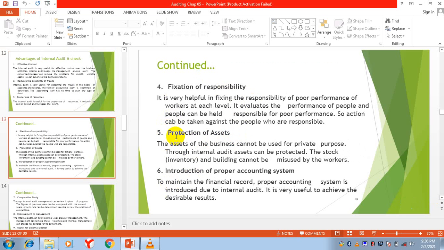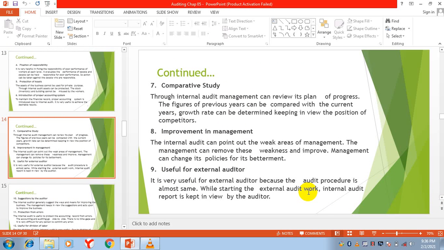If there is internal audit, assets will be protected, introduction of proper accounting system. We discussed these. Today we are going to discuss other advantages of internal control and internal audit, internal check and internal audit.